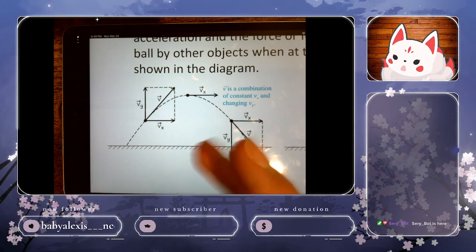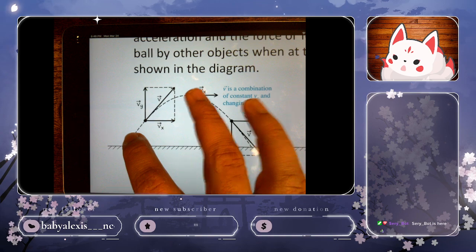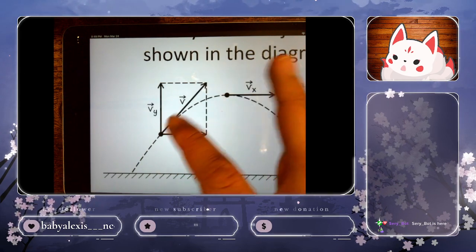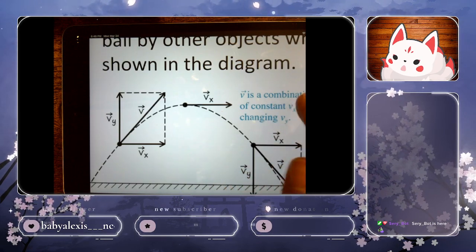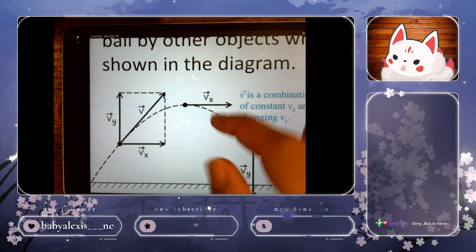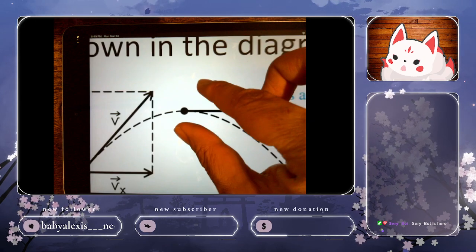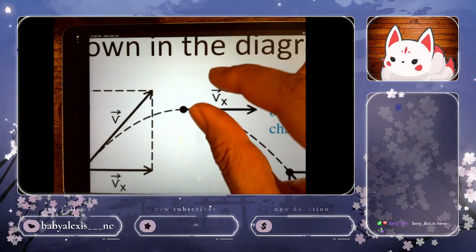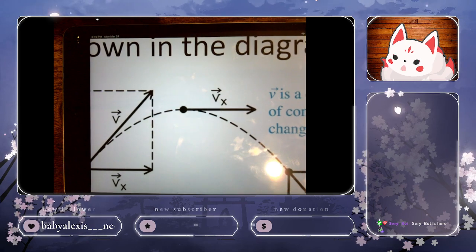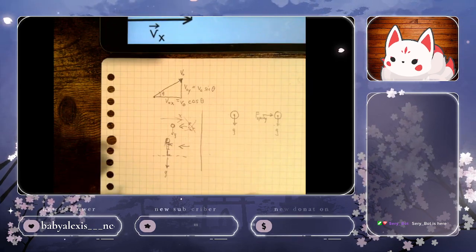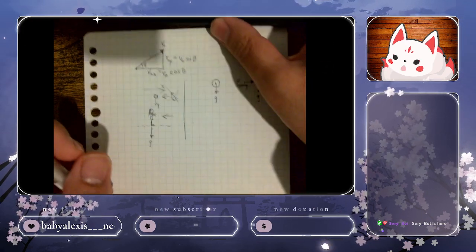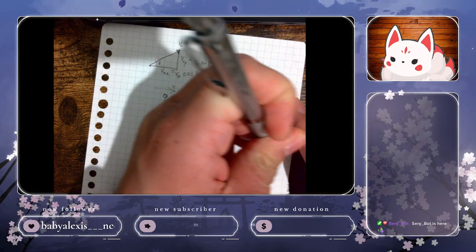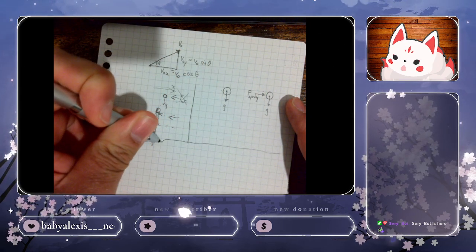and you can see how velocity changes. Actively, at this exact moment, it's going that way. At this moment, it's going straight. Because this is the exact moment where, how do I describe this? So, right, okay.